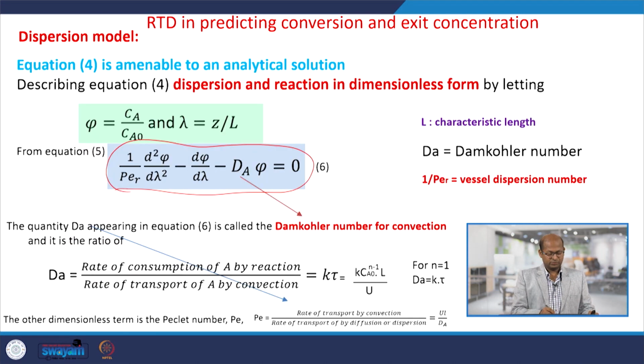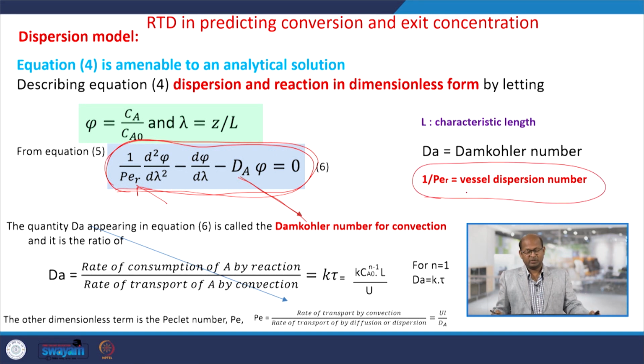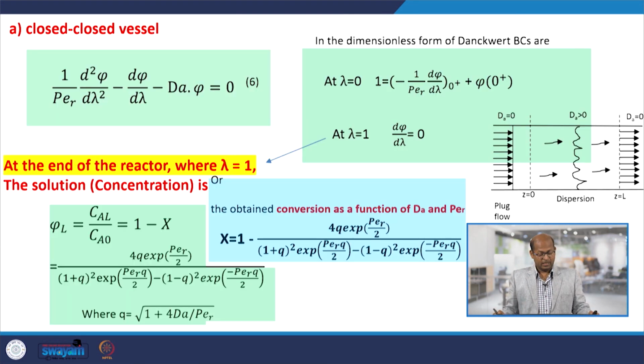Now, these dimensionless equations we developed and also discussed in the last class. Here this is the Damkohler number and this is the Peclet number, or 1 by Pr equals the vessel dispersion number, which we already discussed. Now for closed boundary conditions, we developed the boundary conditions at lambda equals 0 and lambda equals 1.